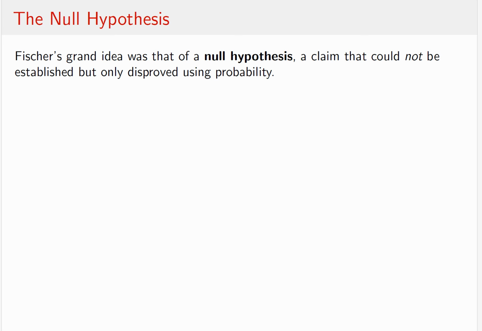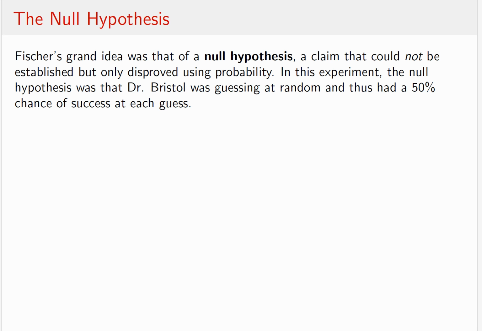So basically, Ron Fisher writes about the story, and he writes about how it inspired this idea. Later, he's on a walk and he's thinking about this, and it inspires the idea of a null hypothesis. And a null hypothesis is a claim that cannot be established but only disproved. Okay. And so in this experiment, like I just explained, the null hypothesis is that Muriel is guessing at random.